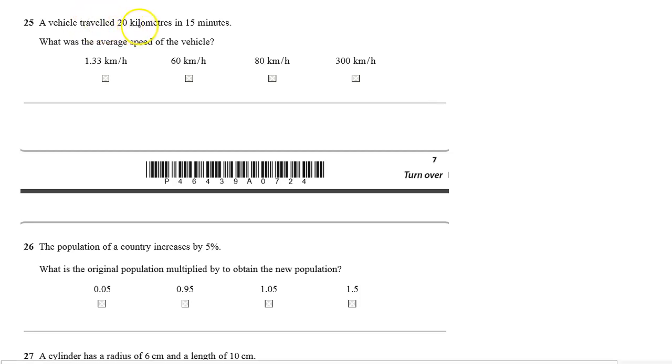The question is, a vehicle traveled 20 km in 15 minutes. What is the average speed? We know that speed is equal to distance over time. Here the distance is 20 kilometers and the time is 15 minutes. We have to give the answer in kilometers per hour, so this is not in hours. So divide it by 60 to convert to hours.